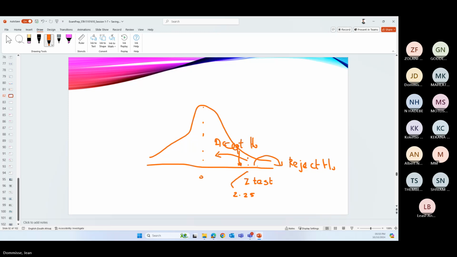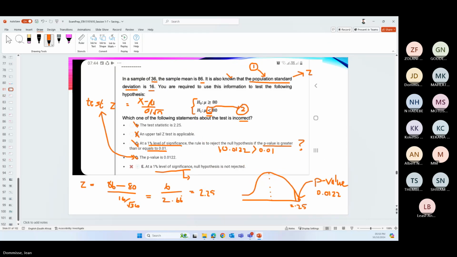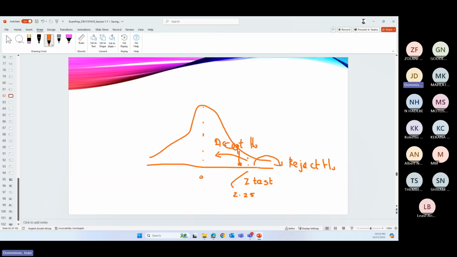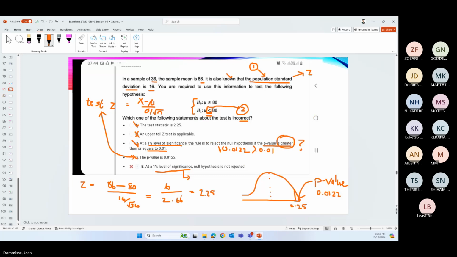Okay, so that means at a 1% level of significance, the rule is to reject the null hypothesis if the p-value is smaller than 0.01, because then we will accept the alternative.